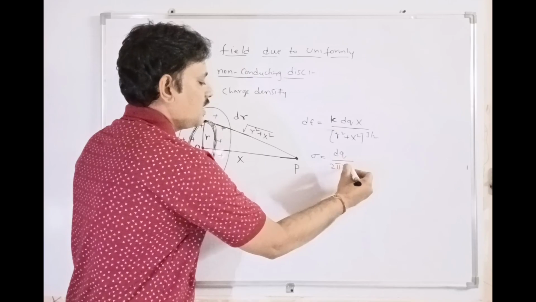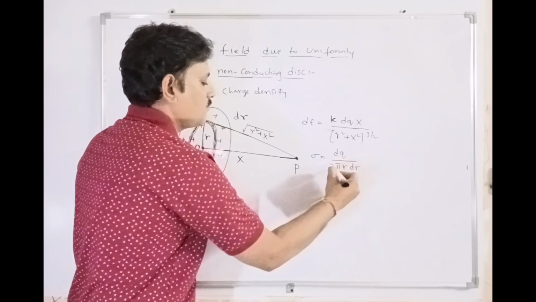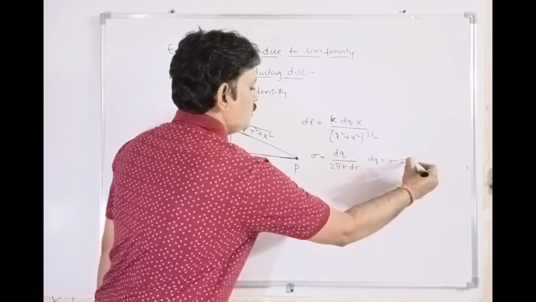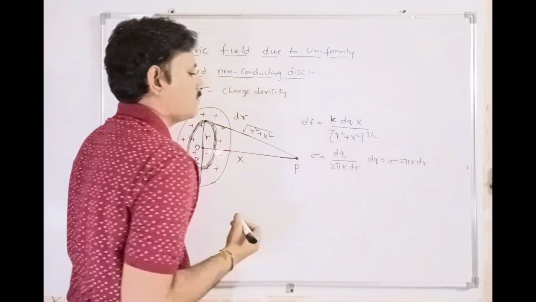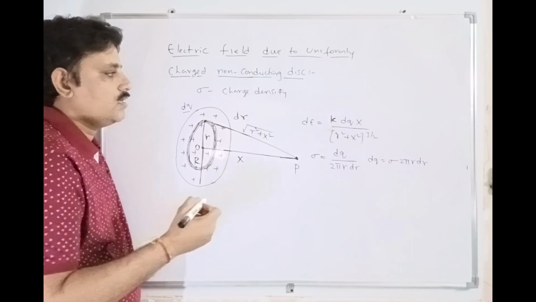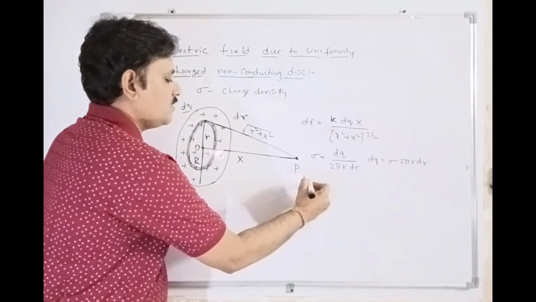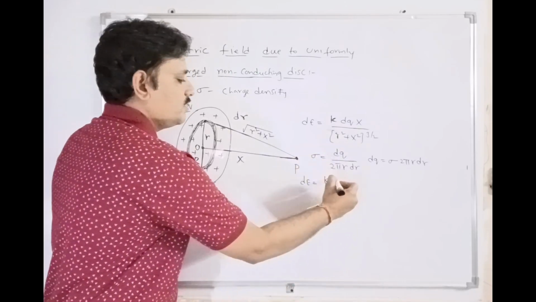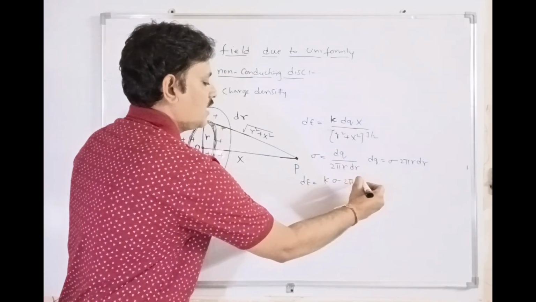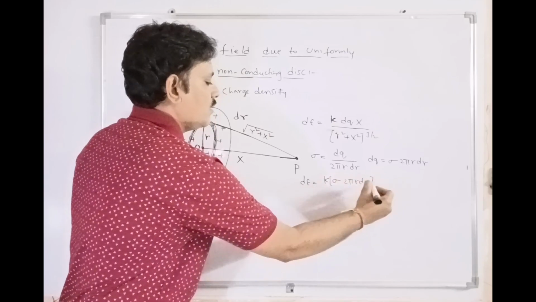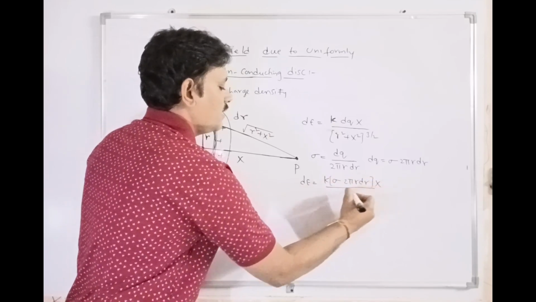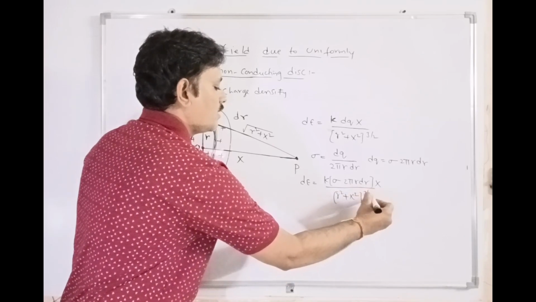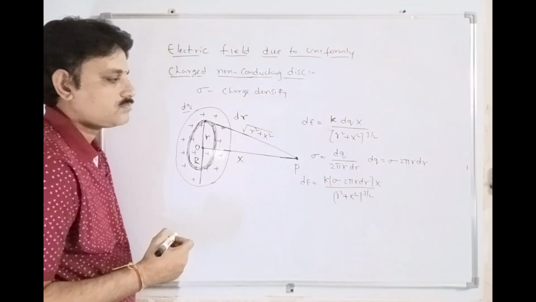Circumference is 2 pi r, thickness is dr. So dq is equal to sigma into 2 pi r dr. So dE is equal to k sigma 2 pi r dr into x by r square plus x square whole power 3 by 2.